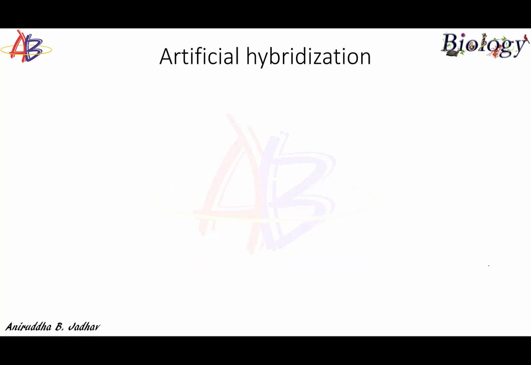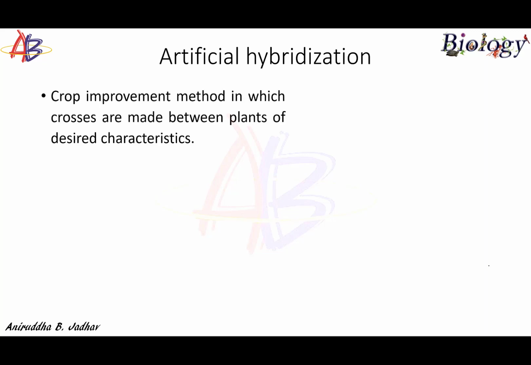Next, artificial hybridization. Artificial hybridization is a method of crop improvement in which crosses are made between different plant varieties or different species of plant in order to combine the desirable characters in a single superior variety.